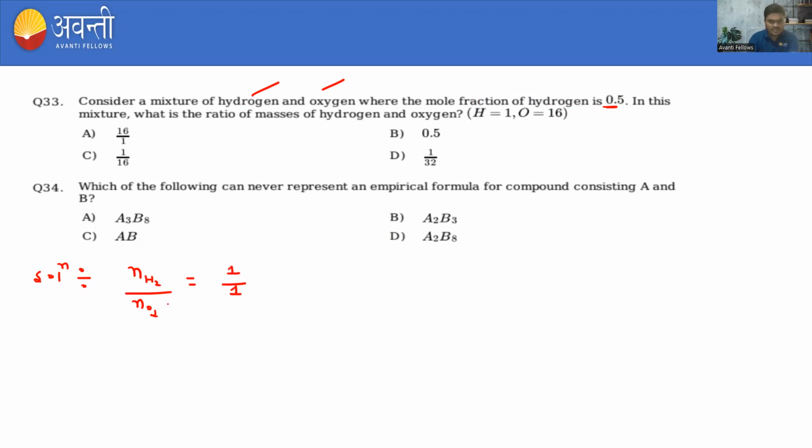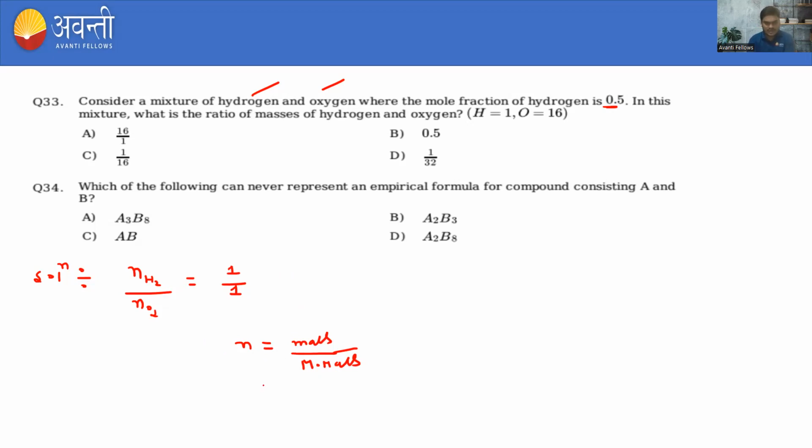Right. Now, how will you write the mole? So we can write number of mole as, that is mole is nothing but mass upon molecular mass. That is mass divided by molecular mass, right? So how will you write this equation?